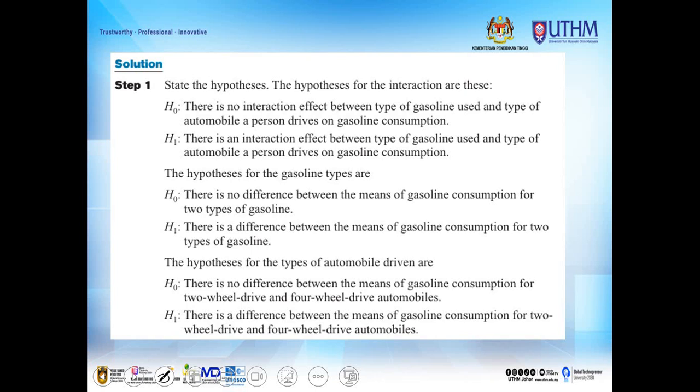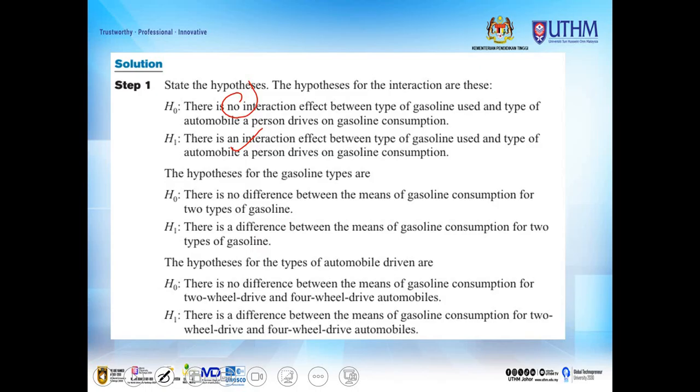And for this, the alternative hypothesis will be that there is an interaction. First, no interaction; then the alternative: there is an interaction effect between the type of gasoline used and the type of automobile a person drives on gasoline consumption.